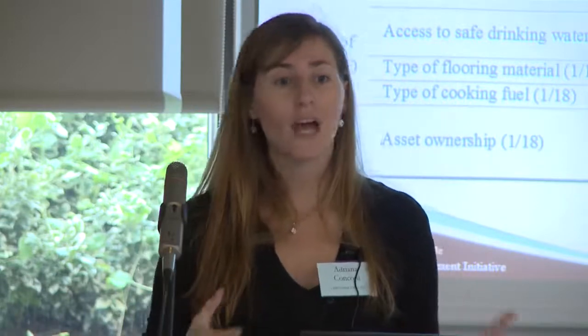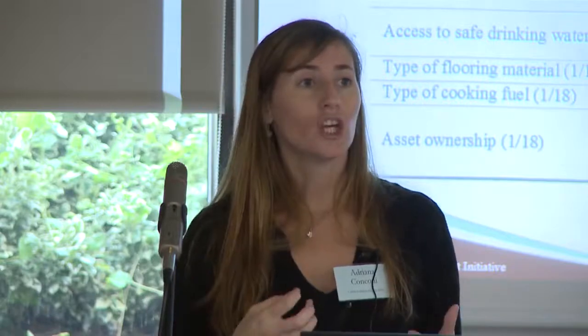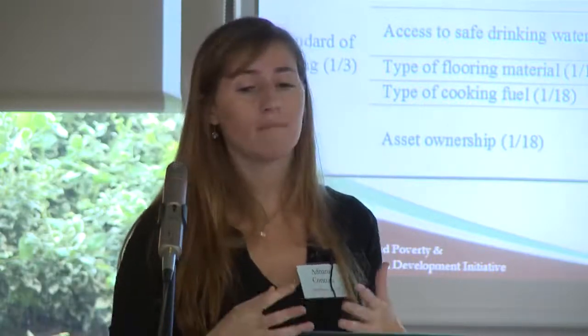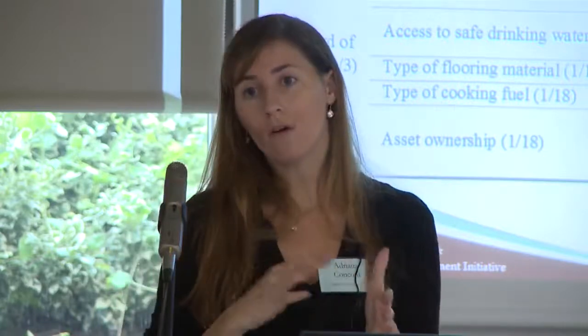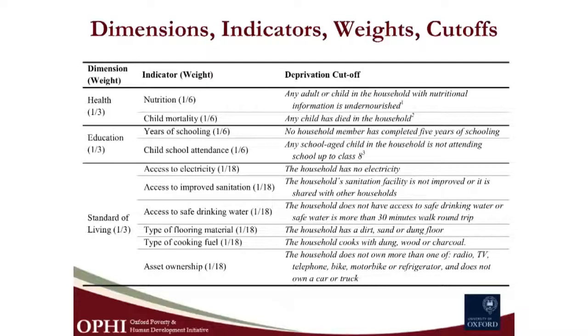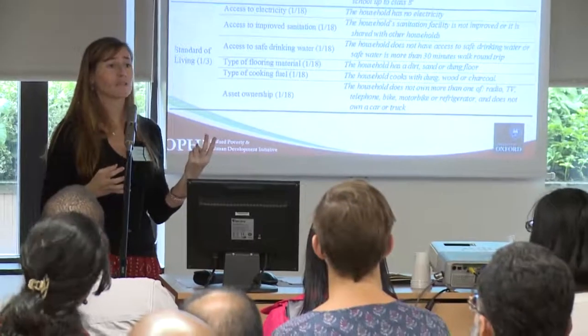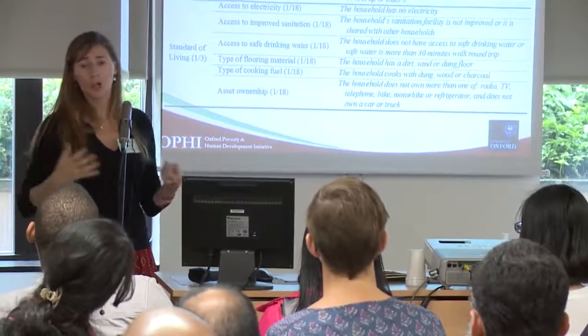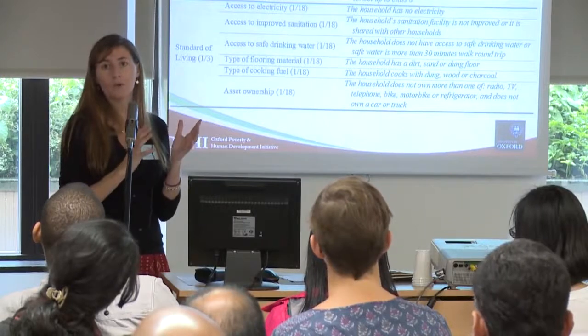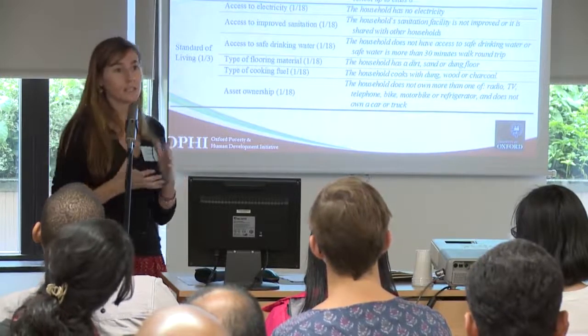And finally, we have an asset index in which a household is identified as deprived if it only owns one of the small assets mentioned here, which are radio, TV, telephone, bike, motorbike, or refrigerator, and it doesn't have a car. So if the household has 2 of the small assets or a car, it's non-deprived in assets. But if it has only one of the small assets or none, then it is deprived.